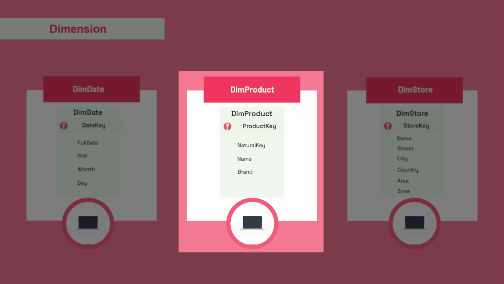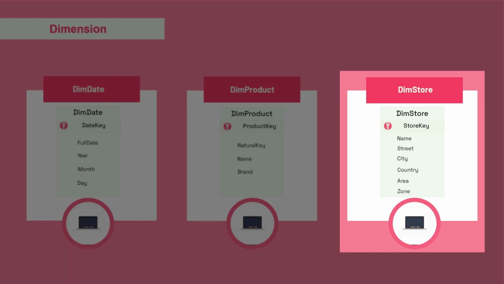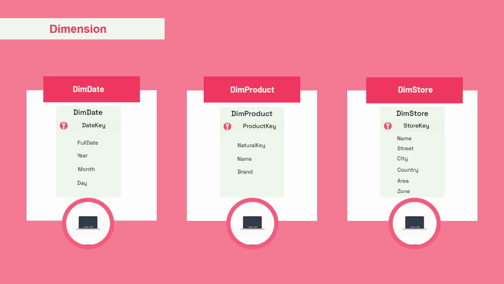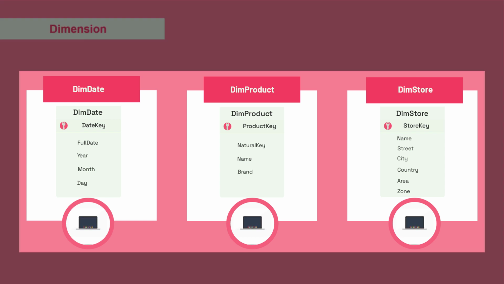Another table is the table containing all the products of the business, stored in the product table, for instance. And another table will include the list of stores, suppose they're in the store table. So the three dimensions based on which the customer wants to make decisions will be our dimensions. So these three are our dimension tables.